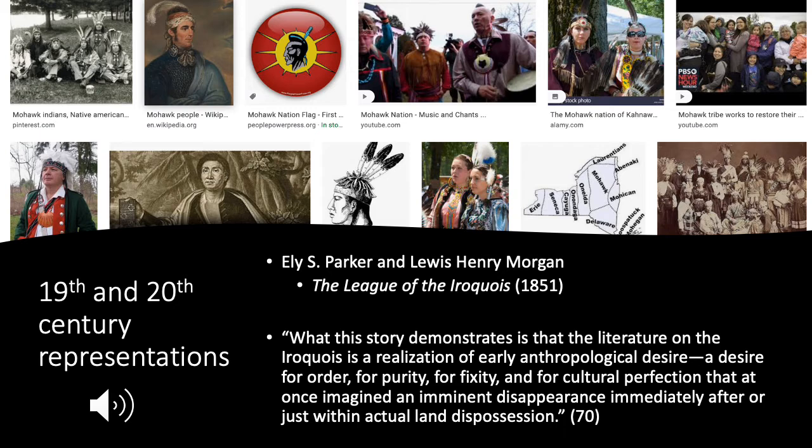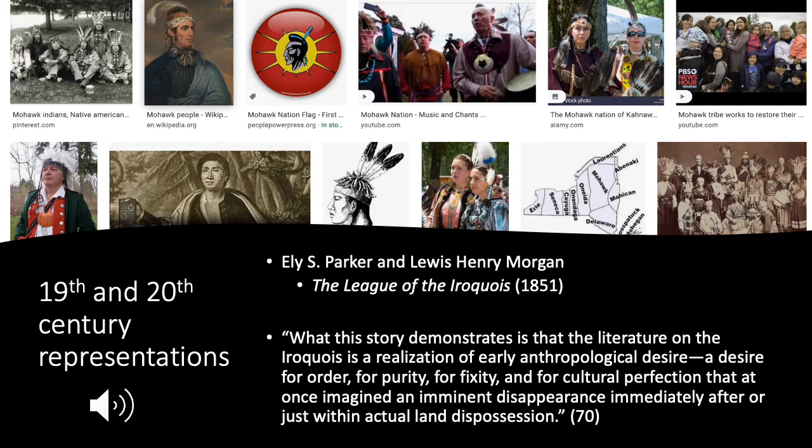This is about purity, it's about fixity, and Simpson's argument is that it's deeply tied to these logics of elimination. On the one hand, anthropologists are imagining indigenous peoples as being about to disappear. On the other hand, they're operating within or just after actual dispossession of land.